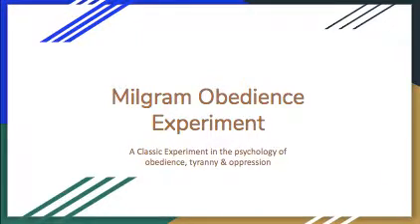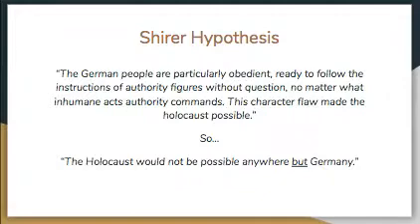So first of all, Milgram's experiment is not really built to test a hypothesis of Milgram's. It's built to test the Shirer Hypothesis. It said the German people are particularly obedient and that they were ready to follow the instructions of authority figures without question.